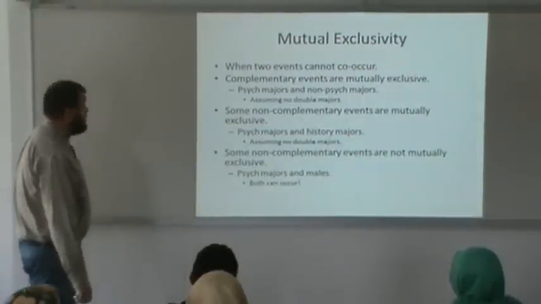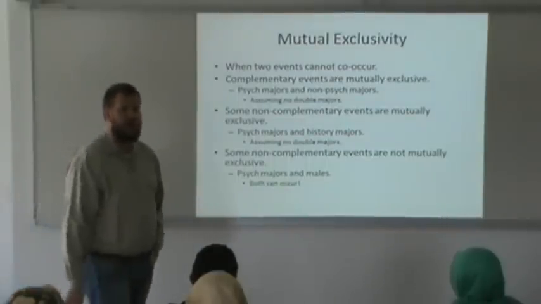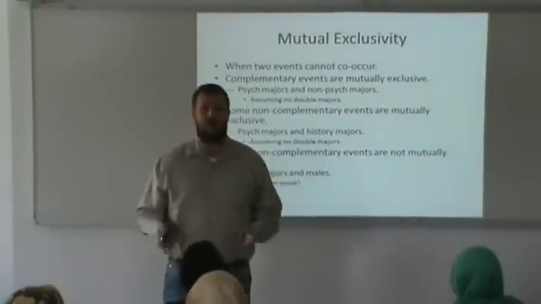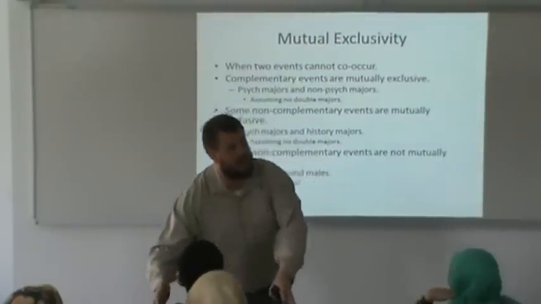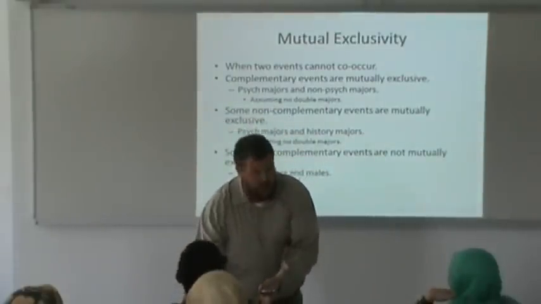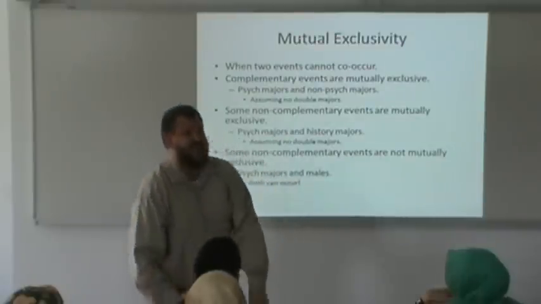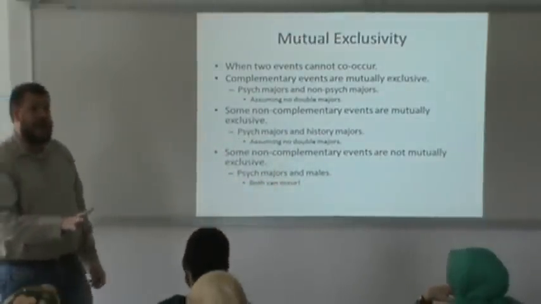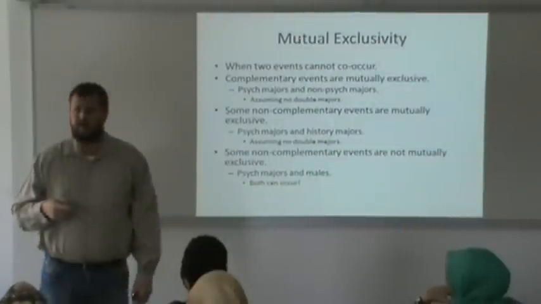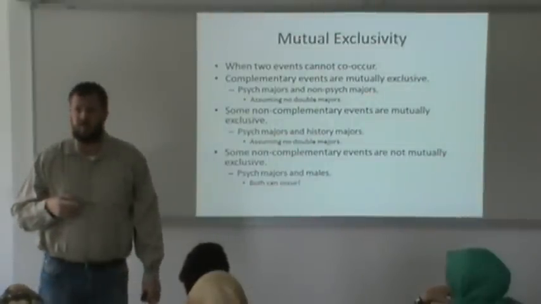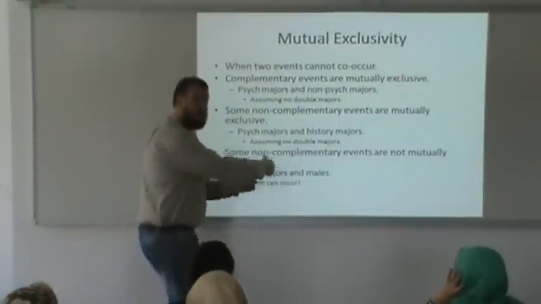Some non-complementary events are not mutually exclusive. So we could talk about getting two outcomes. We're going to take a person and ask them their major. What's your major? Psychology? Are you male or female? Sure. Okay, he's a psychology major and he's male. Are those mutually exclusive? No. Why? Because they can co-occur.